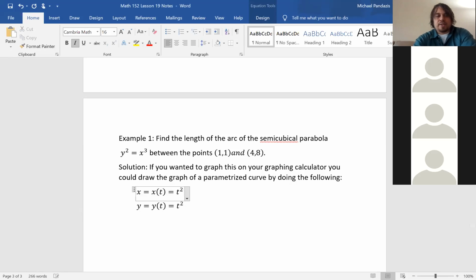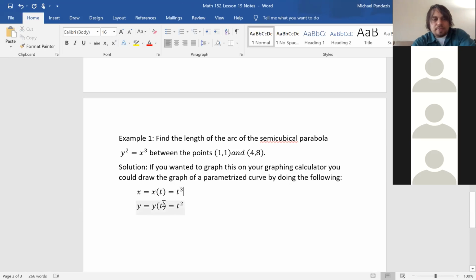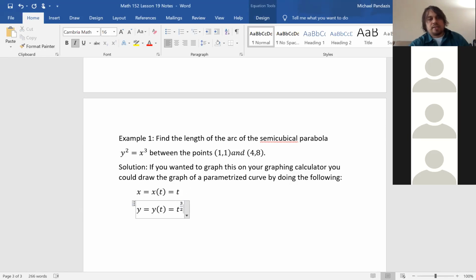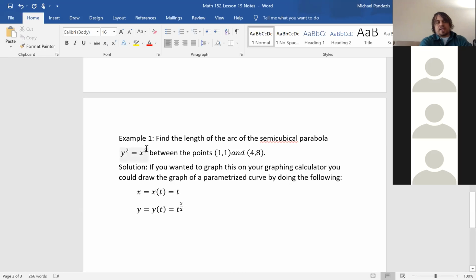If x of t is t, then if x is t, then y squared equals t cubed.